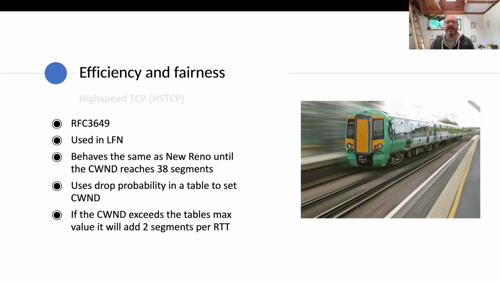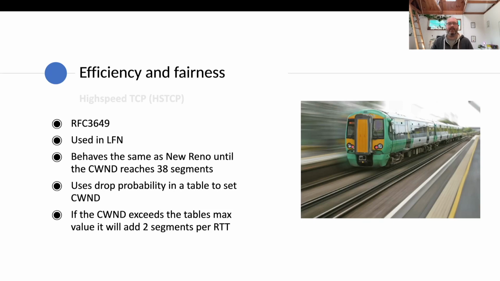Then we had TCP HighSpeed, I think that was about 2003, which was RFC 3649. It's used for long fat networks, and it behaves the same as New Reno until the congestion window reaches 38 segments. After that, it uses a probability table to ramp up the connection as fast as possible.